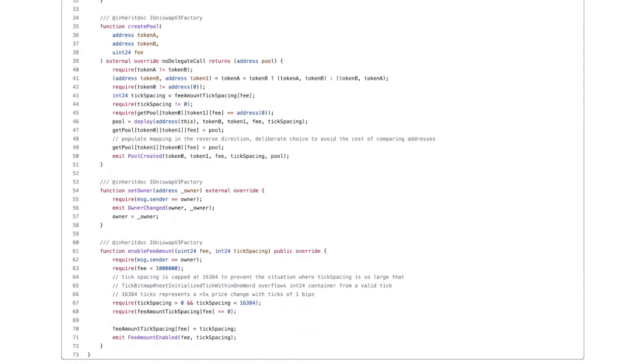You're saying token 0 and token 1 equals, if token A is less than token B, so alphabetically it's higher up than token B, then we want it to be token A and token B. But if this doesn't hold, then token B is alphabetically higher up, so we want token B to be token 0, so we swap them around. So this whole line just sorts token 0 and token 1 alphabetically.